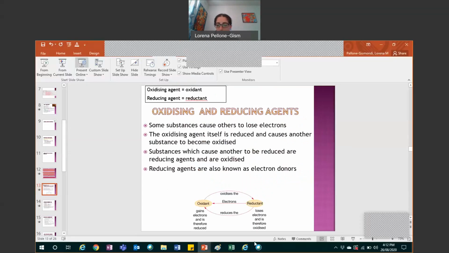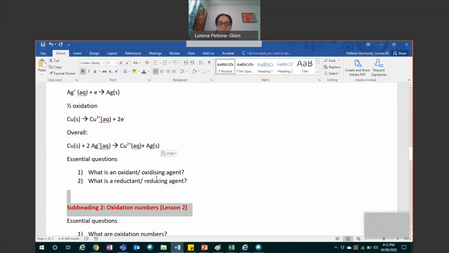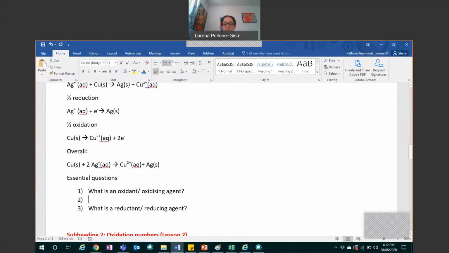at the essential questions, they were just asking what is an oxidant / oxidizing agent. So as a definition, an oxidizing agent causes oxidation by taking electrons and is itself reduced.